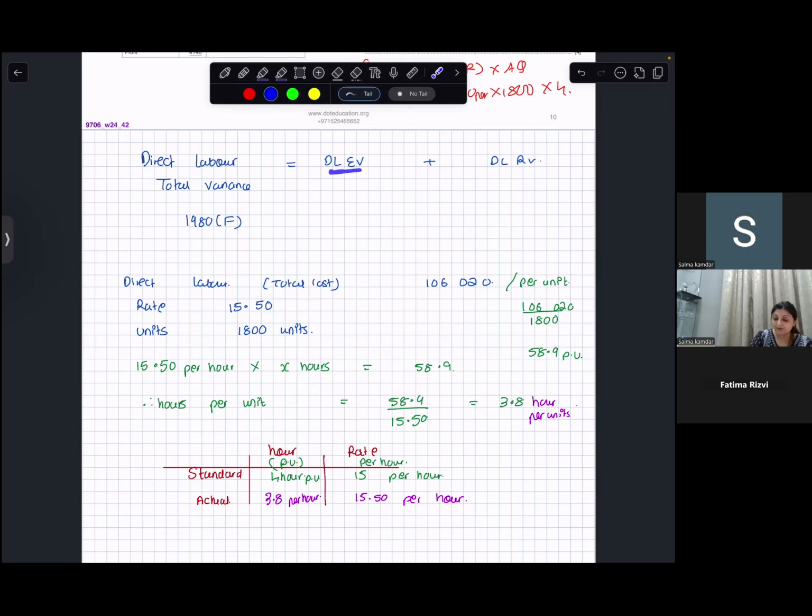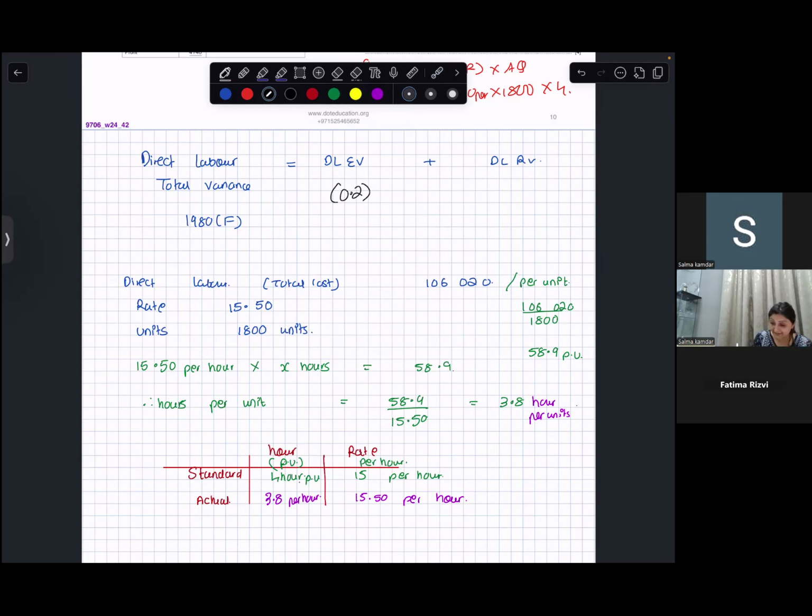Give me the formula for efficiency variance: standard quantity minus actual quantity, times standard rate. So it would be 4 minus 3.8, which becomes 0.2, times the standard rate of 15.